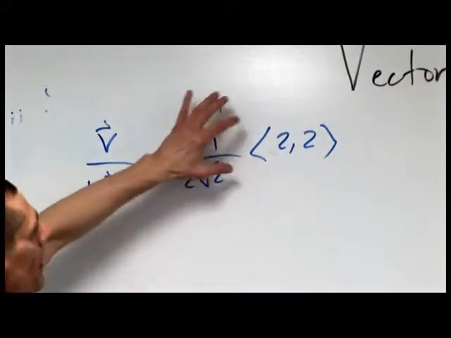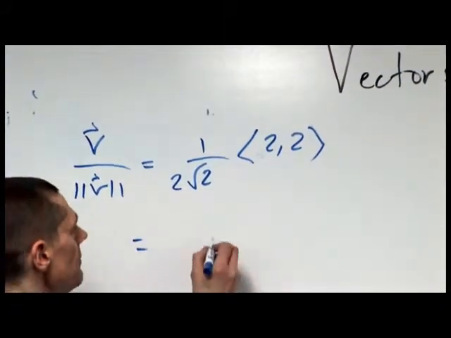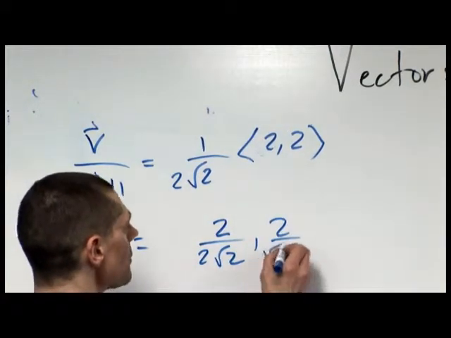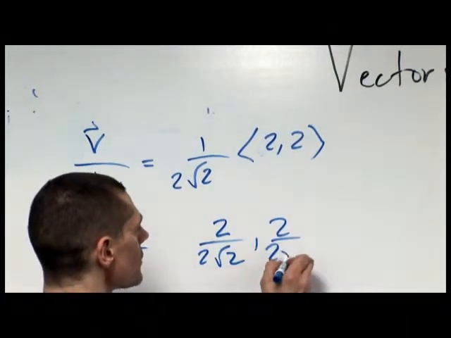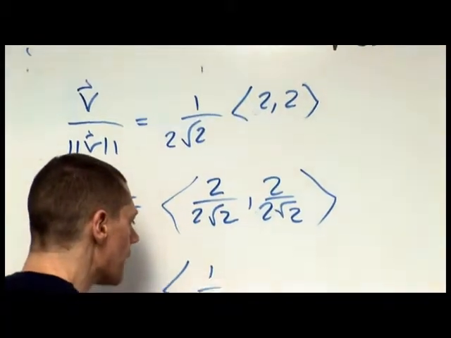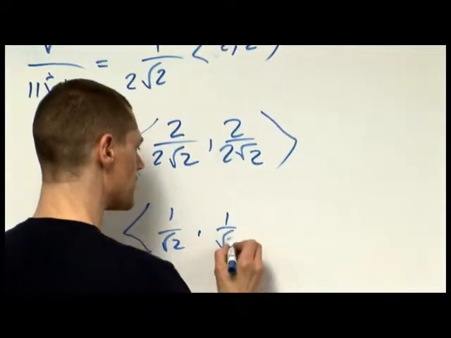However, this is a scalar, so it multiplies in. So this is going to be 2 over 2 square root of 2, 2 over 2 square root of 2. The 2's cancel. This is 1 over the square root of 2, and this is 1 over the square root of 2.